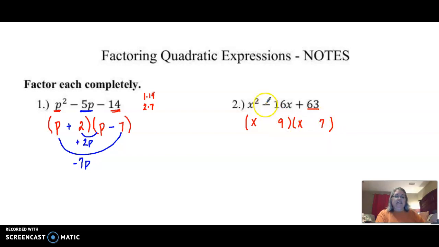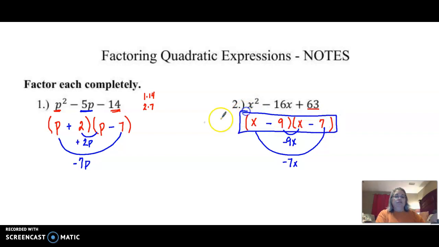Using 9 and 7 to get a negative 16, looking at that double chin method, if I have a 7x and a 9x, to make that a negative 16, I need these to both be negatives. So my 9 would be negative and my 7 would be negative. And that would be your 2 factors.